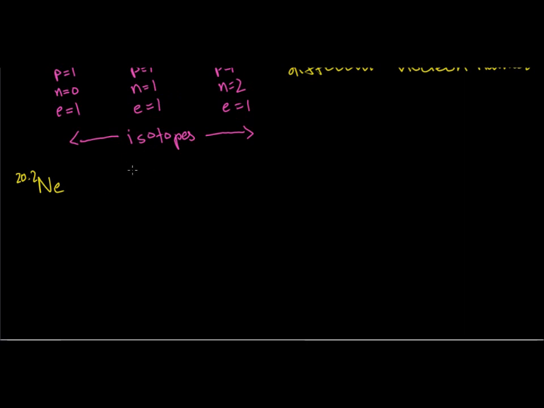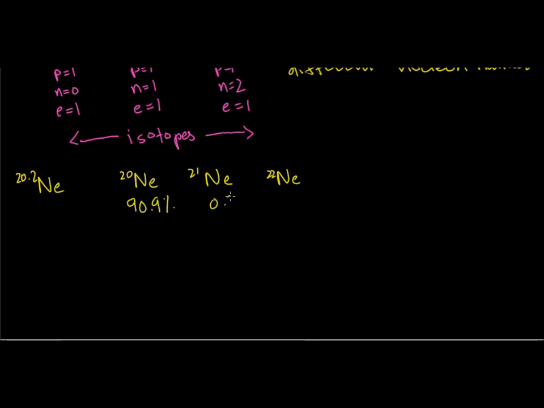But anyways, if someone gives you some neon, what scientists found is that neon consists of 3 isotopes: neon 20, neon 21 and neon 22. And these 3 isotopes occur at a particular percentage in nature. So neon 20 occurs 90.9%.